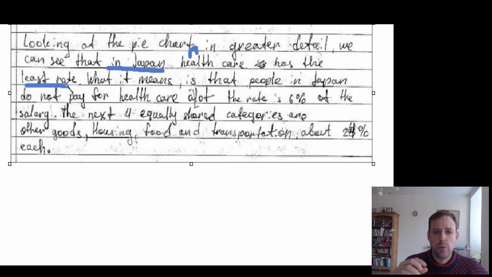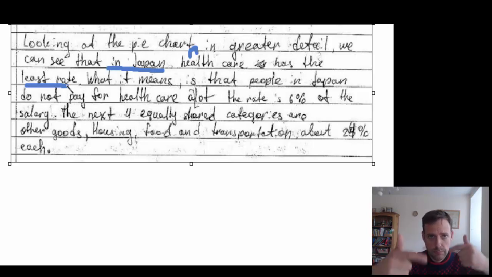But if you remember, their point was everything was evenly spaced. So perhaps here they could have written something like, in Japan, the only section of spending that was different in terms of share from the others was healthcare, which had a significantly less rate.